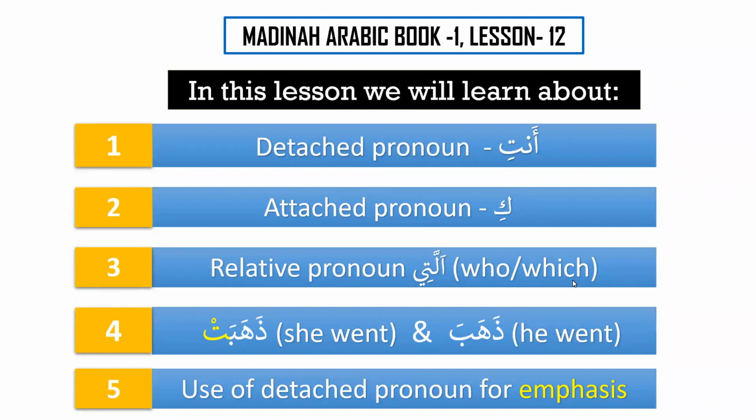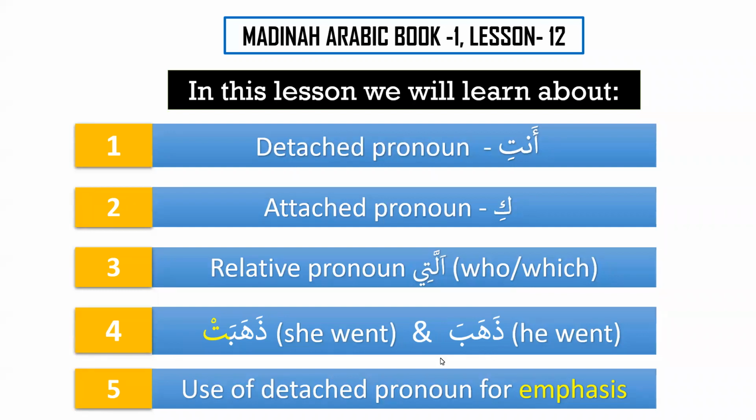Similarly, the relative pronoun: we have already learned alladhi, which means who or which, and similarly for the feminine we have allati, which has the same meaning, who or which. Then the past tense for the masculine is dhahaba, he went.